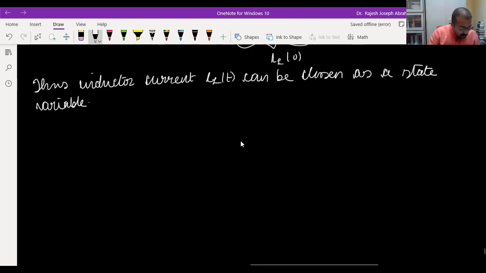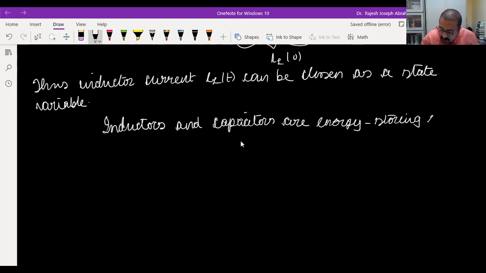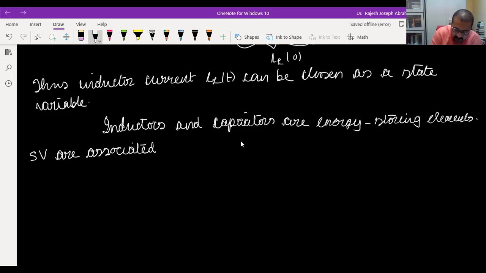Inductors and capacitors are energy storing elements. State variables are associated with energy storing elements only.